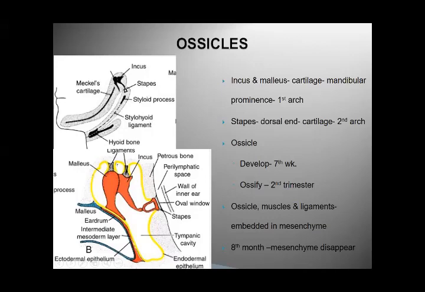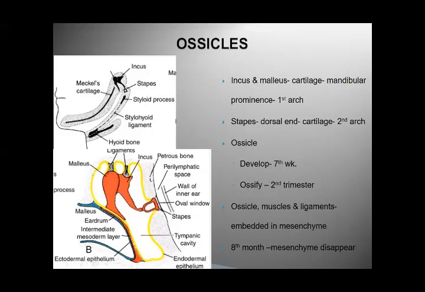These are surrounded by mesenchyme, obviously, and then this mesenchyme gradually disappears. Only some mesenchyme is left that develops into muscles and ligaments related to these ossicles.